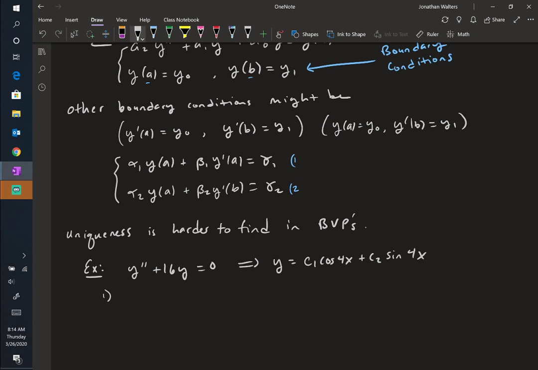Let's just say you have y of a equals 0 and y of pi over 8 equals 0. Somehow that tells us we have one solution, only one set of coefficients, c1 and c2.